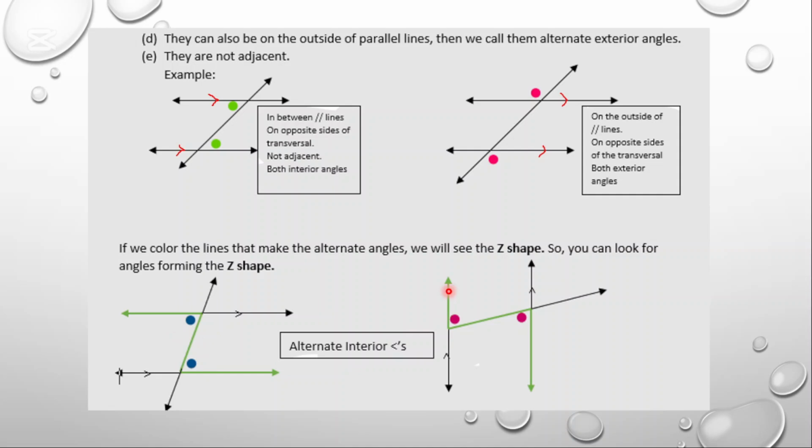Over here, green, that's the Z upside down. Look there. One on top and one below the transversal. Never next to each other, because then they are supplementary adjacent angles, opposite each other, right? And we call them alternate interior angles.